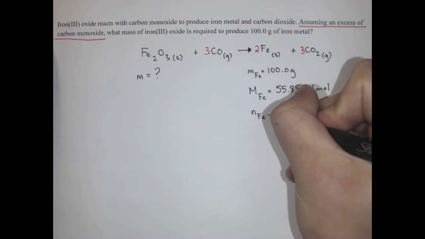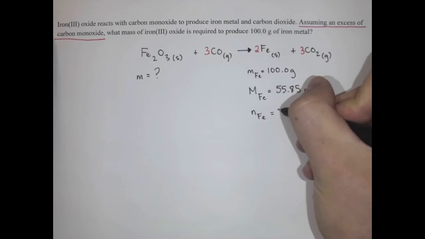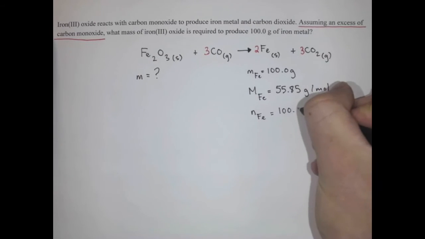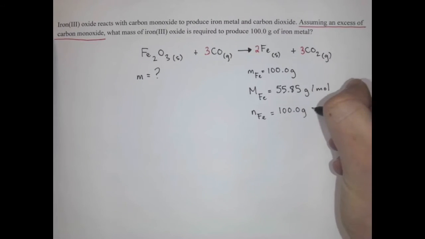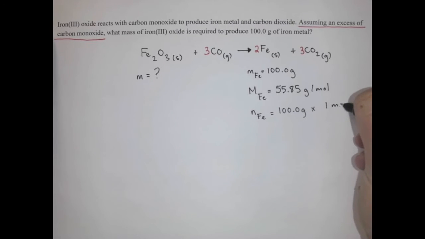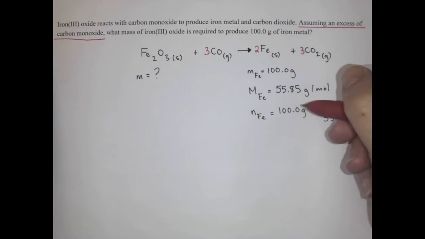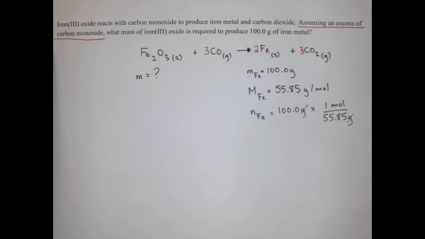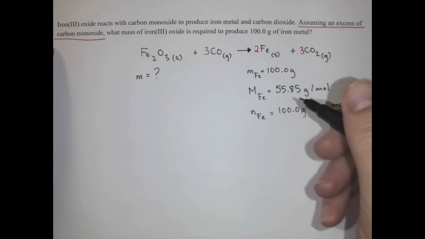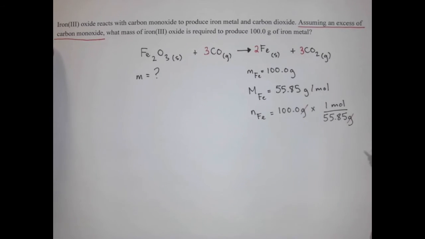Moles of iron can be calculated using our mass of iron, which is 100 grams, divided by the molar mass of iron. And I'm using unit analysis here to make sure my units cancel out. So my final unit should be moles. So all my other units should cancel out.